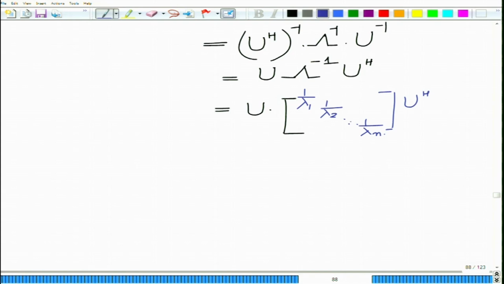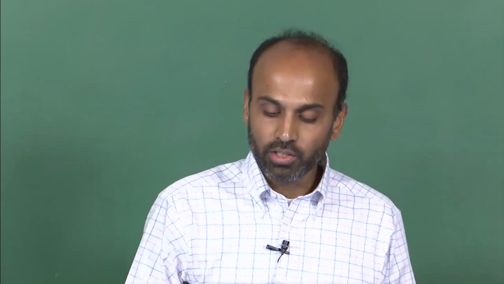And therefore, now you can see if lambda i is greater than 0, this also implies that 1 over lambda i is greater than 0. So, the eigenvalues of A inverse are also greater than 0, and in fact, A inverse can be expressed as U lambda inverse U Hermitian, and therefore, it has positive eigenvalues, and therefore, it is also a positive definite matrix.